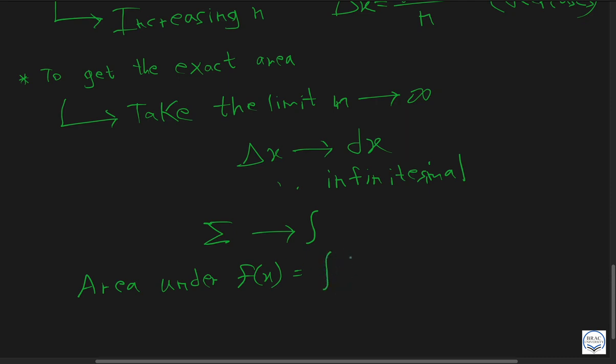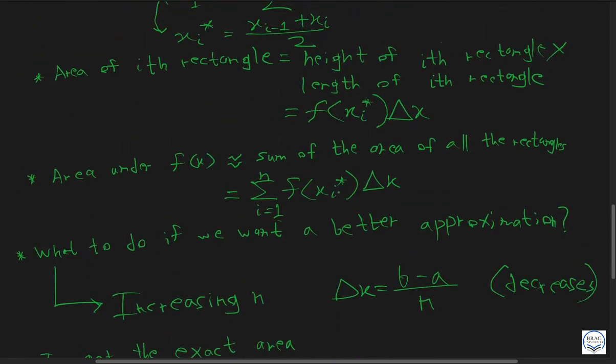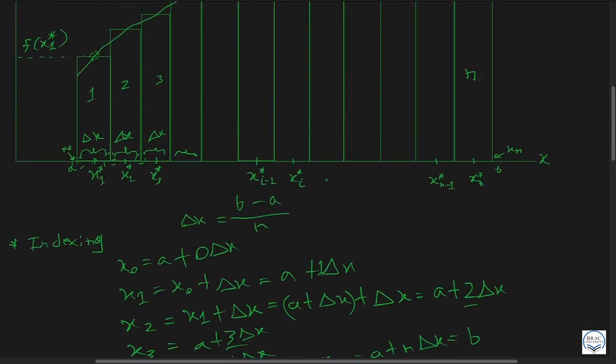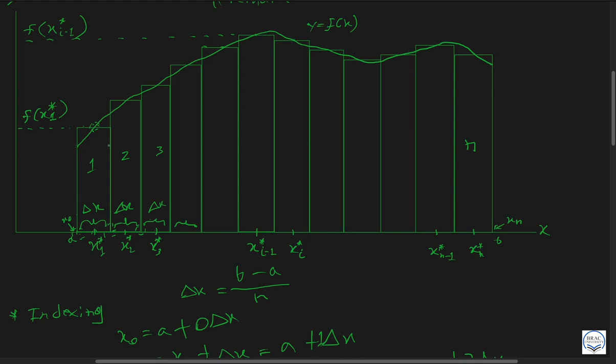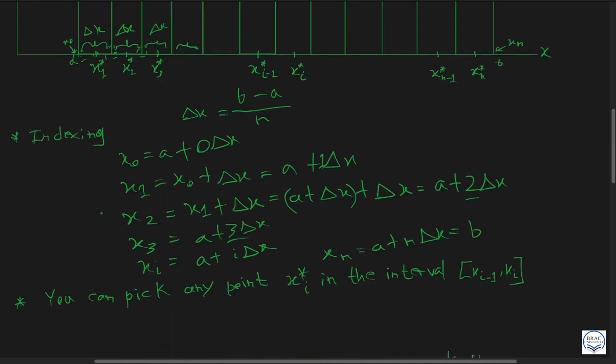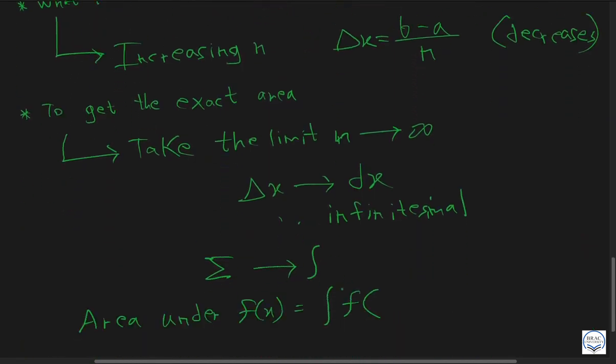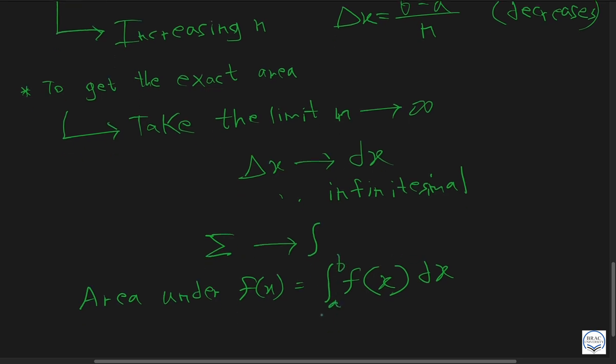And so the area under f of x is equal to, now the sum being replaced with the integral, f of, here we had f of x i star, but note that if the width of each of these rectangles is really small, then the midpoints and the endpoints are really close together, as if we only have one point, which is why we replace x i star with just x, and delta x becomes dx, and the endpoints are just a to b.